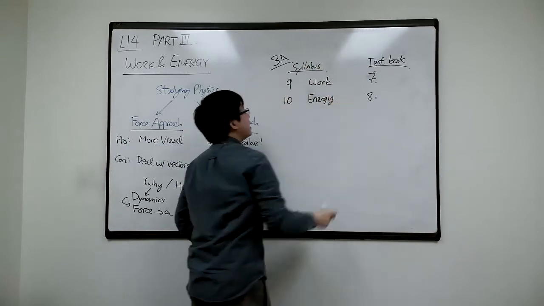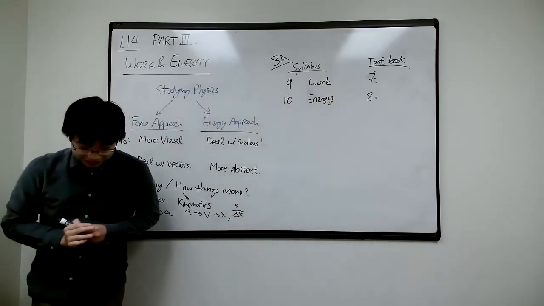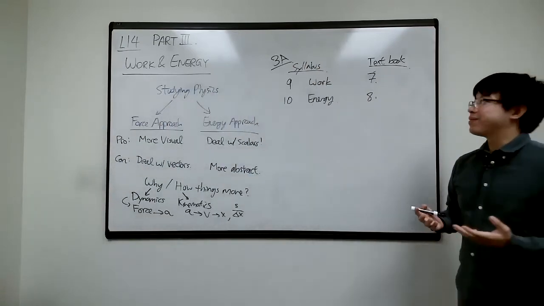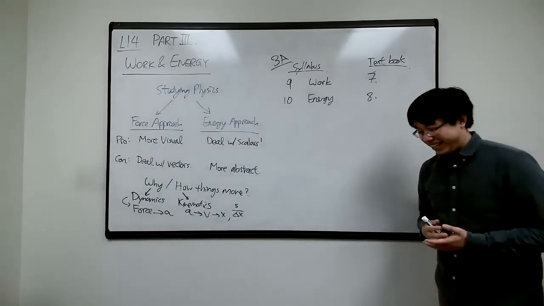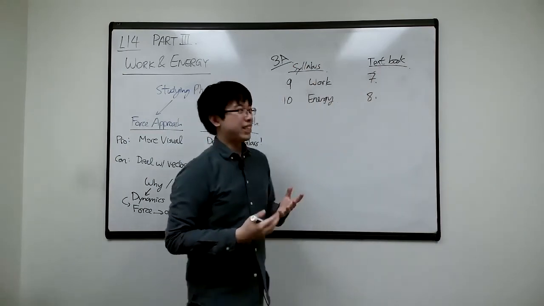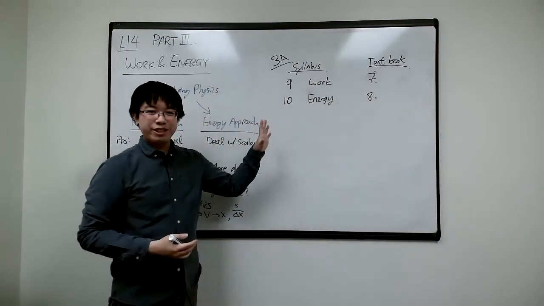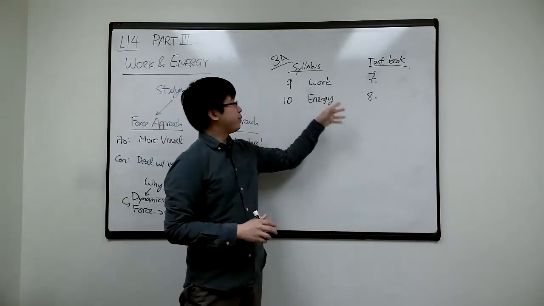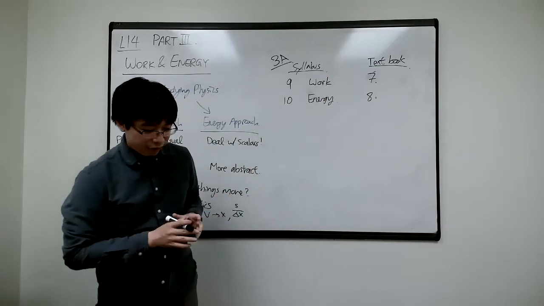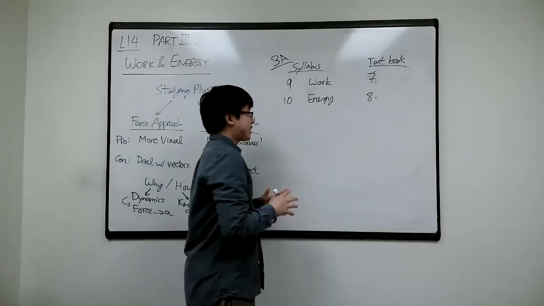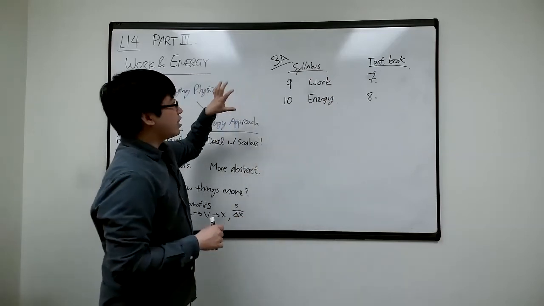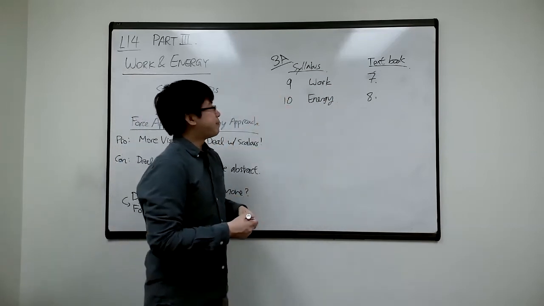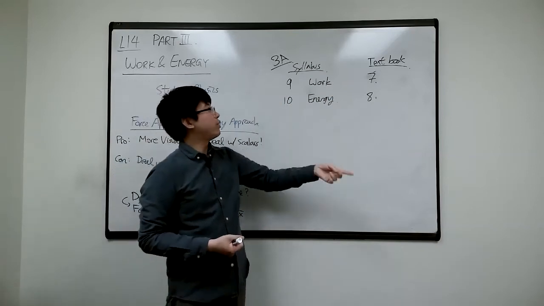Now, in my opinion, work is really an obsolete concept that should not be introduced anymore. It's sort of the source of a lot of students' confusion. It's better just to get rid of work and talk about energy itself. Why is that? The reason why we still introduce it is because the formal definition of energy relies on work.